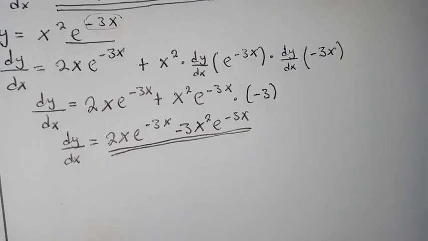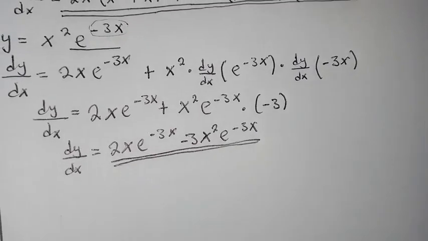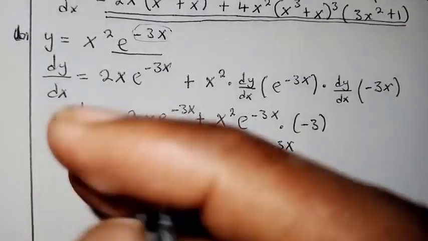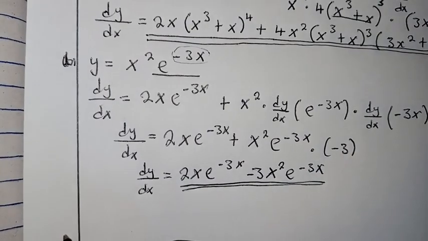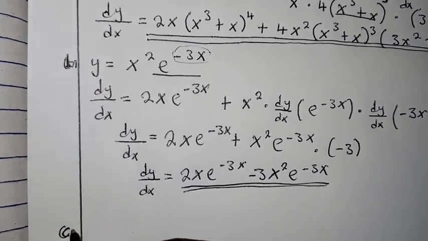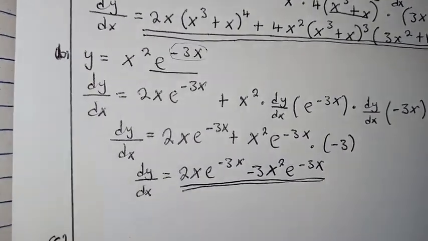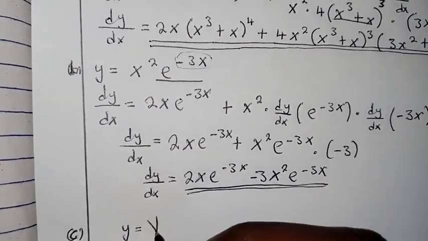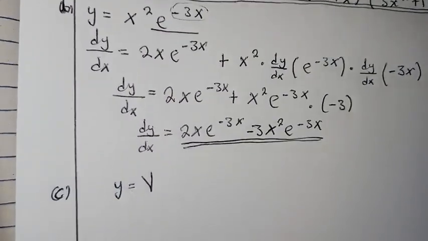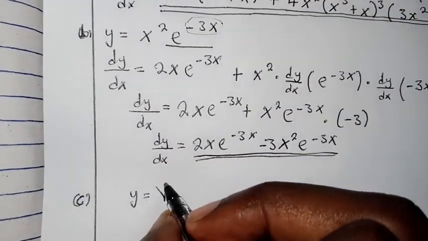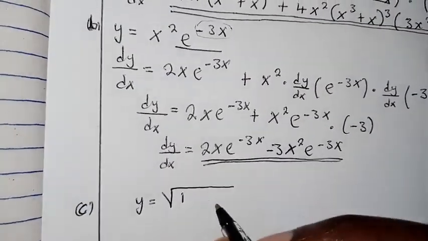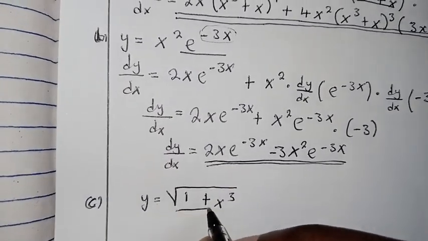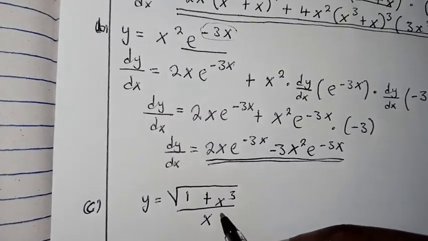We get to C. For C, the question is very simple as well, but I put it there deliberately because I want to show you how to solve questions like this one. So you have the square root of, I'll show you the simplest method, x to the power 3.